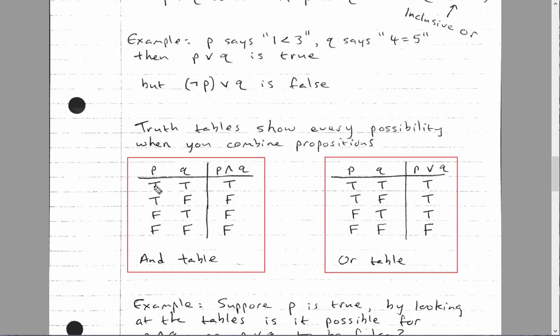If P is true and Q is true, then P and Q is true. So that's the first row. And you look at the other possibilities. If one of P and Q is true and the other false, or if they're both false, then P and Q is false.